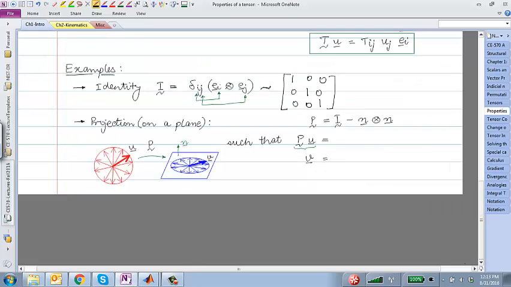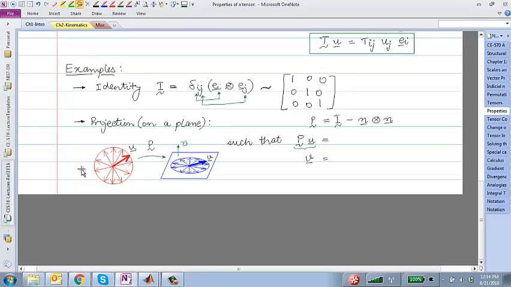All right, another example: a projection tensor. What is a projection tensor in this particular case? It takes an arbitrary sphere of vectors. So for example, if you think about that red sphere of vectors, at that particular point we have a bunch of infinitely many vectors. What this projection tensor is doing is taking a particular vector and projecting it onto this plane.